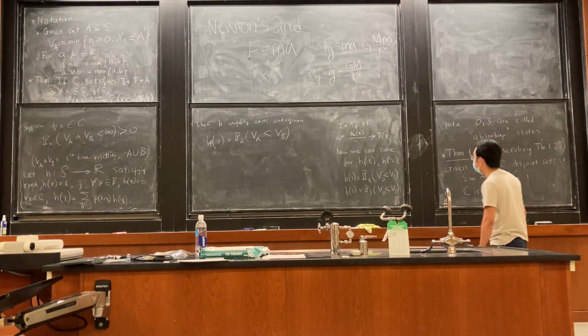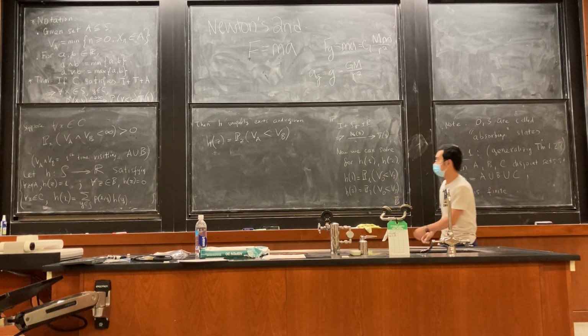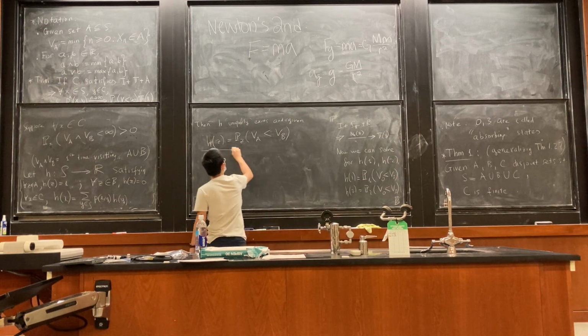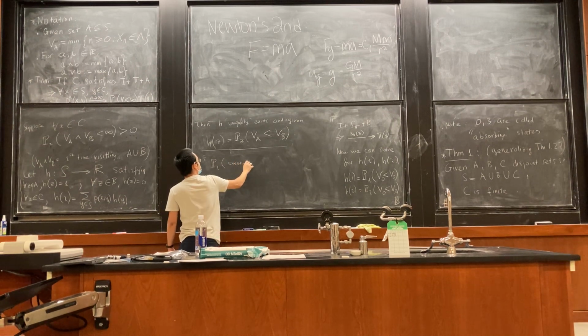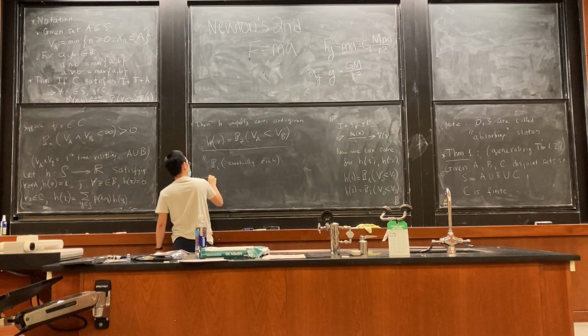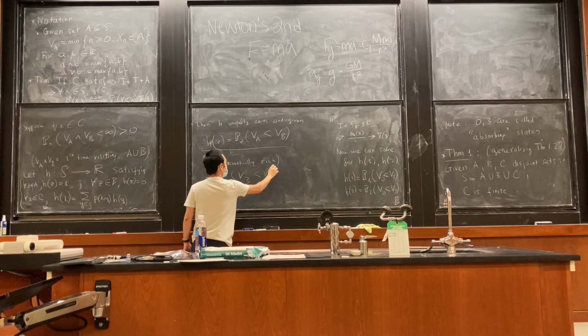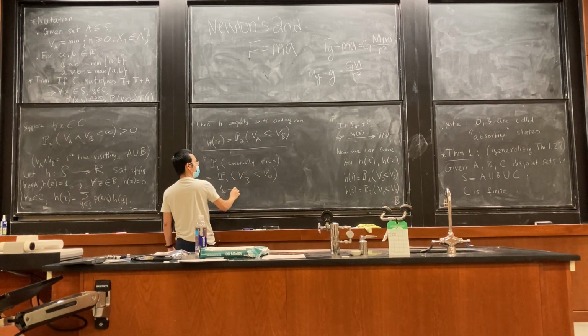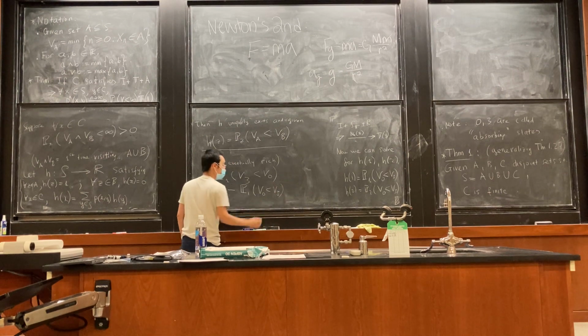Indeed, if I am eventually being rich, that is just the complement. So the probability that I hit 3 before I hit 0 is 1 minus the probability starting from 1 that V0 is less than V3.